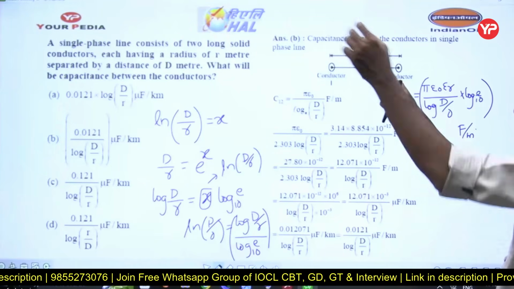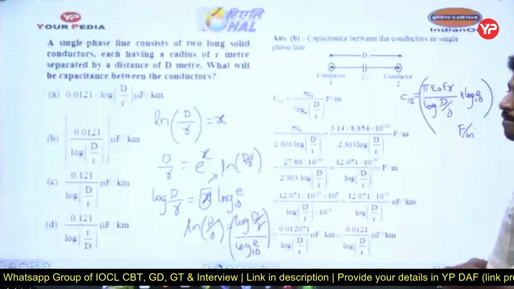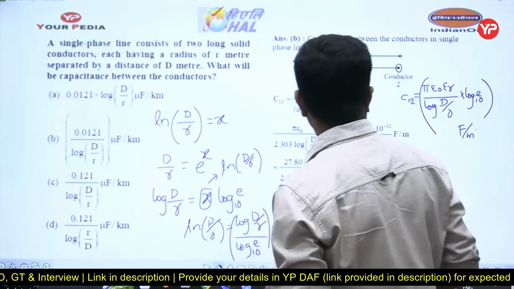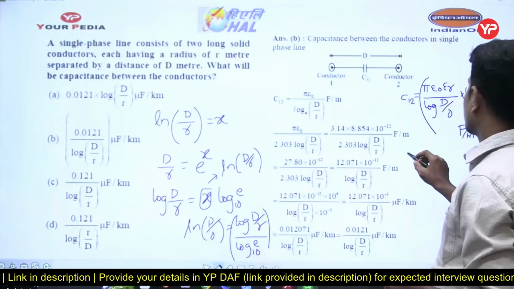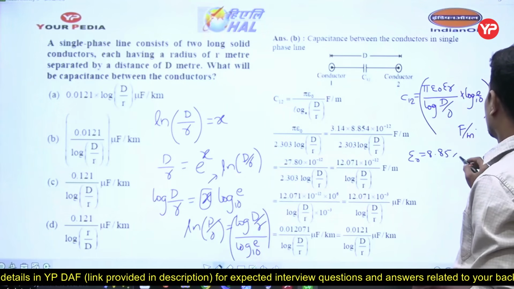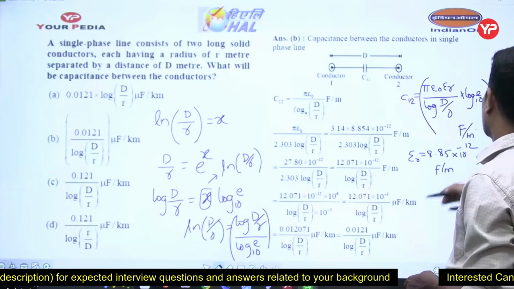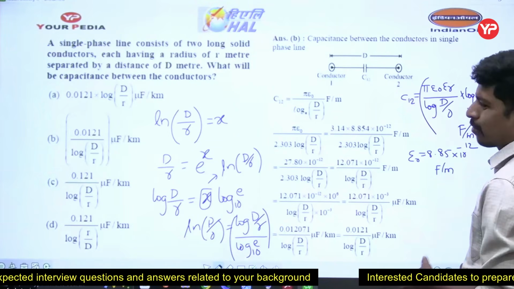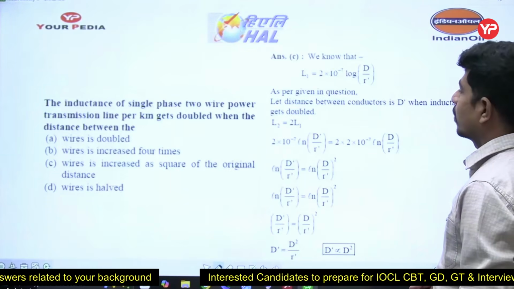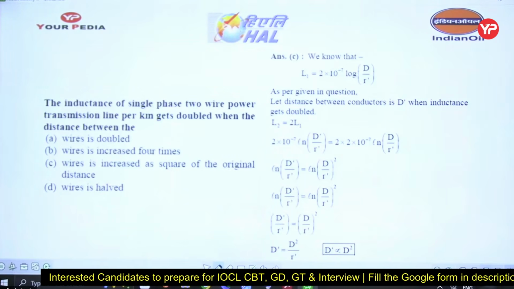Farad per meter, right? Yes. So if you substitute the epsilon naught value, what is epsilon naught? 8.85 into 10 to the power of minus 12 farad per meter. You can convert it to microfarads and so on as per the units. Right? Answer this question, please. Try this.